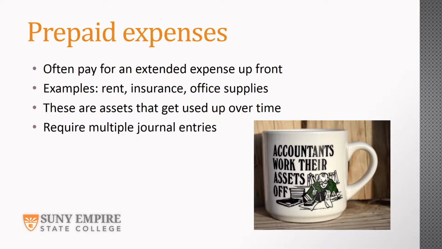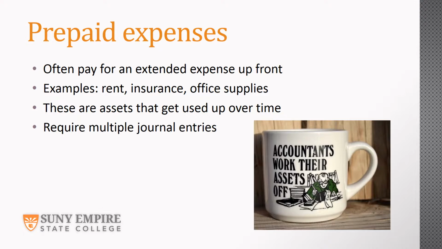If you can afford it, it is reasonable to pay for months of rent at a time. The terms of an insurance policy may be such that it only need be paid every so often. And the company may get a discount if they buy large amounts of office supplies at once. For any of these prepaid expenses, the items purchased become an asset to the company that gets used up over time.